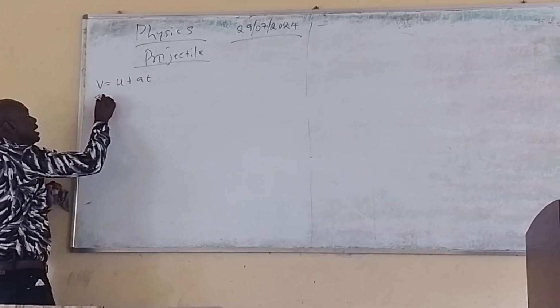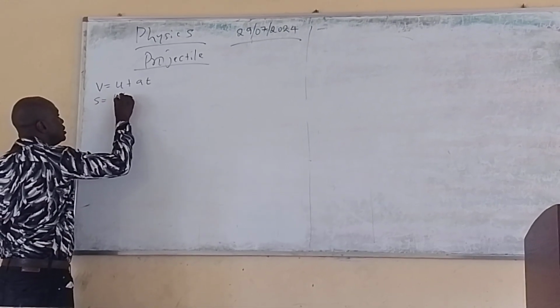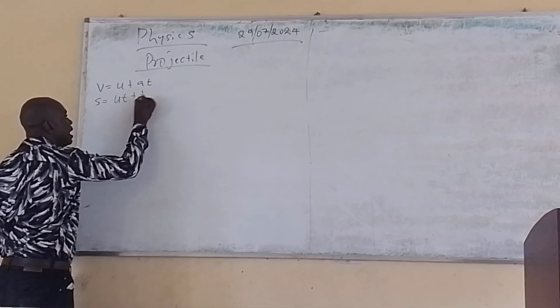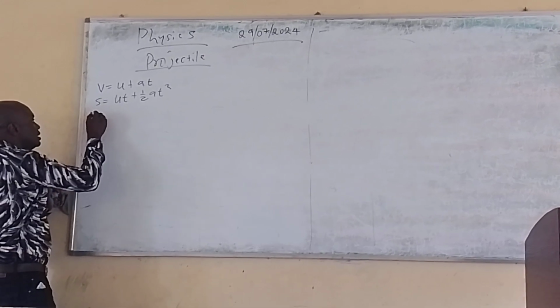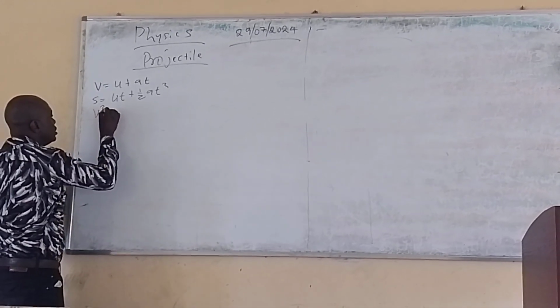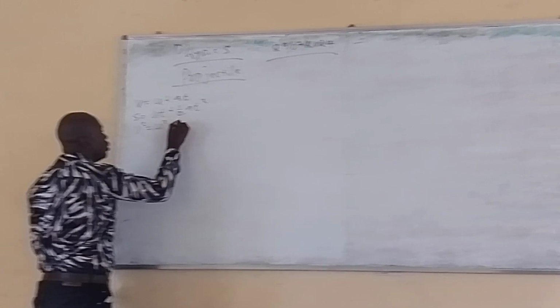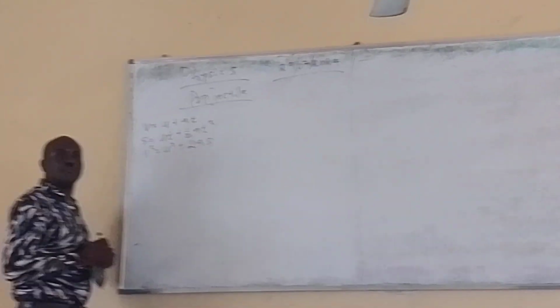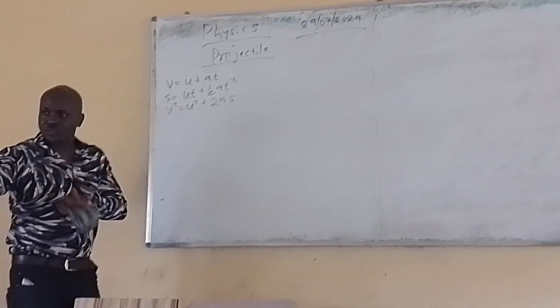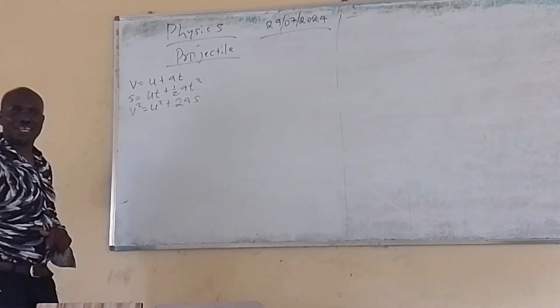The second is S equals UT plus half AT squared. The third is V squared equals U squared plus 2AS. These are the 3 main equations of motion. You remember how to derive them. All of you know it, right? Good, good. I love that.